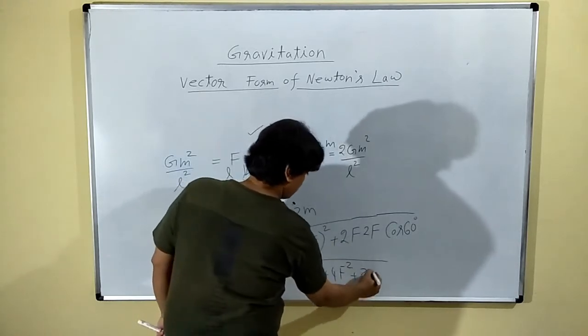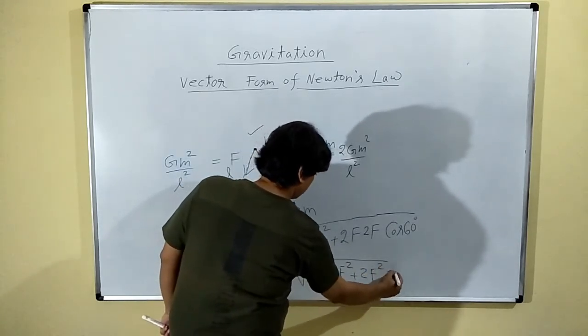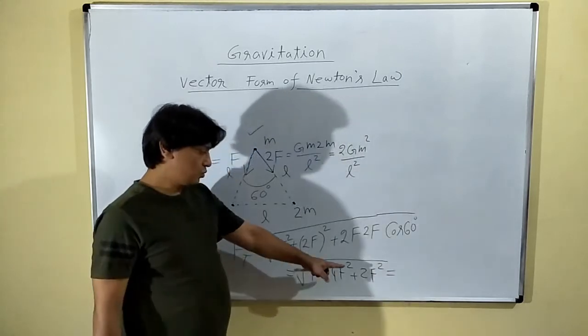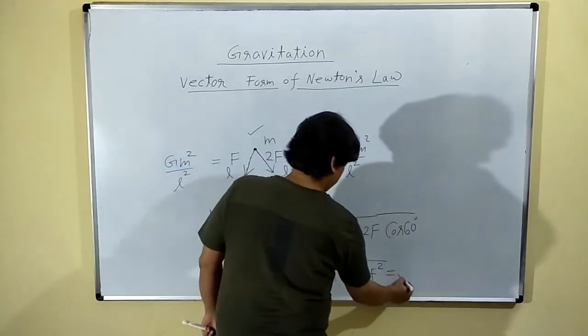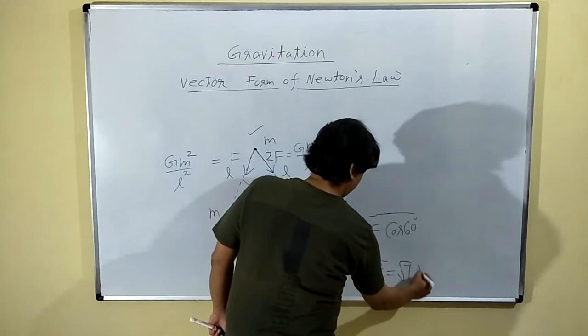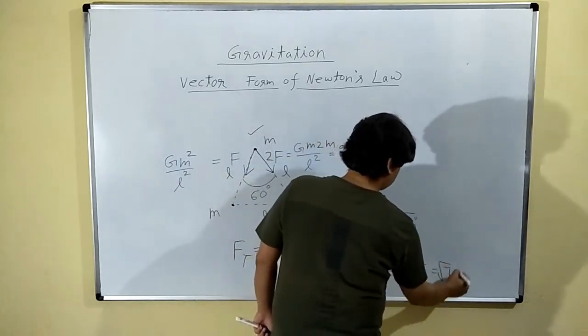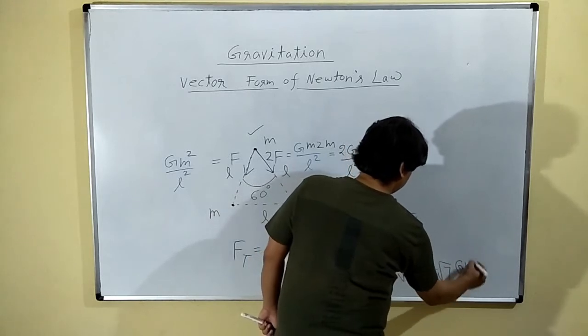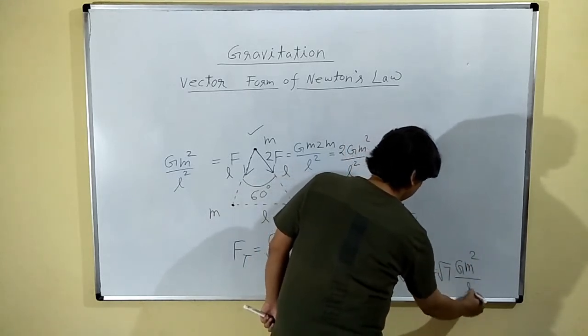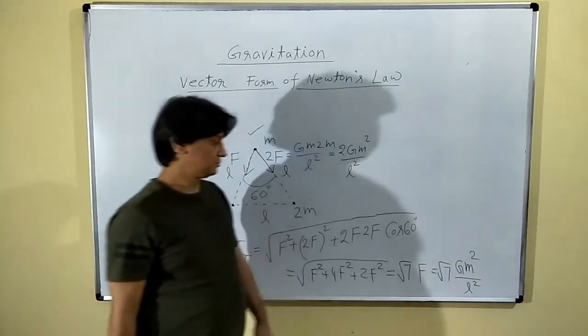This is coming 2F square, which is what, 4 to 6, 7, that is root 7F or root 7 GM square upon L square.